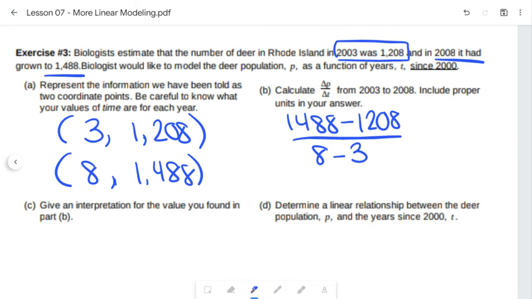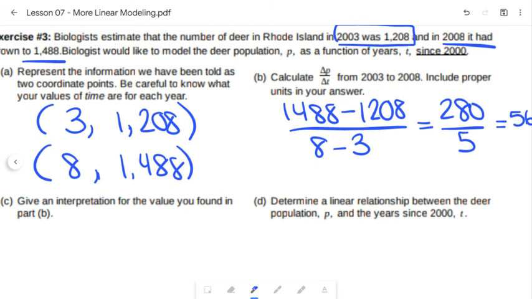So in this case, when I take 1,488 subtracted by 1,208, we end up with 280 divided by 5, which is 56.